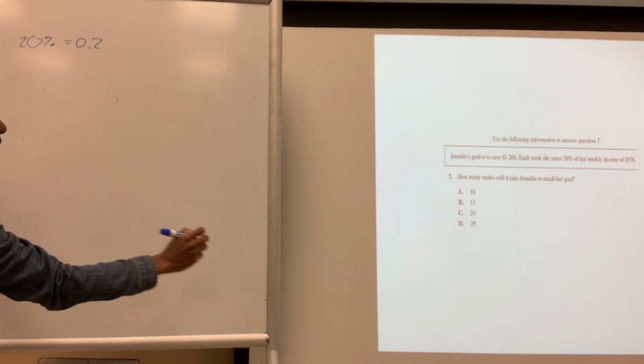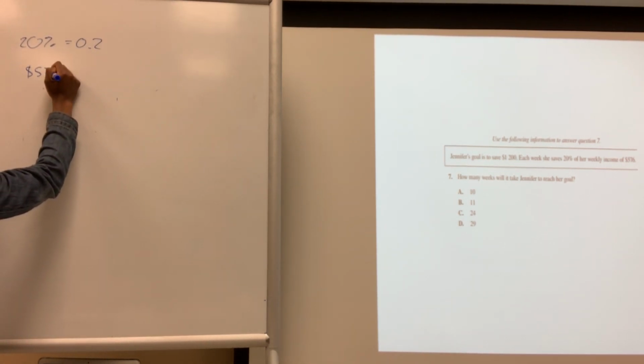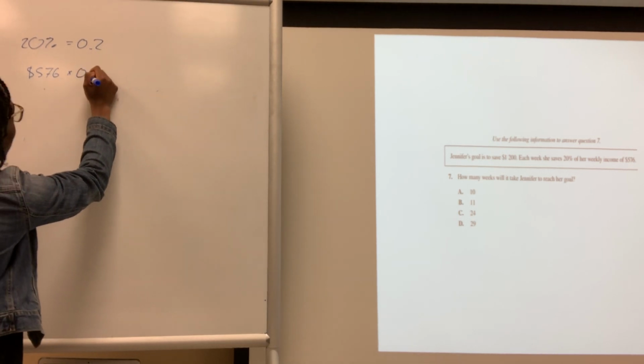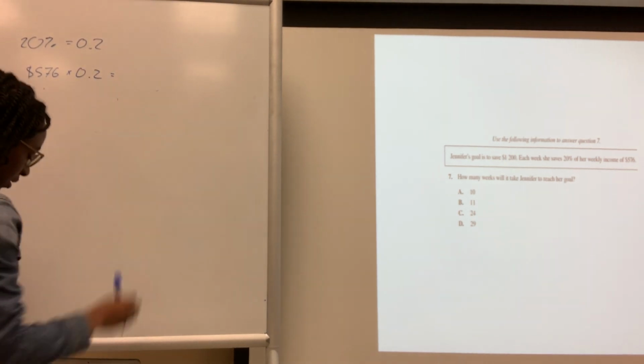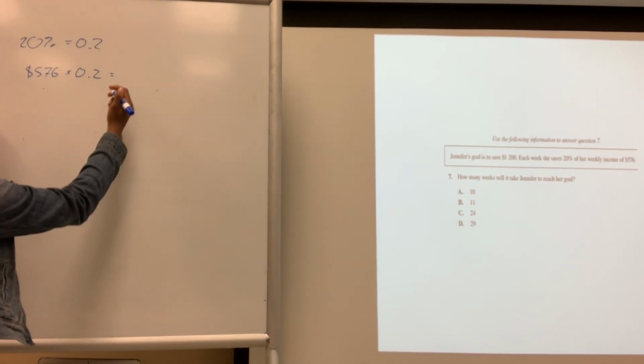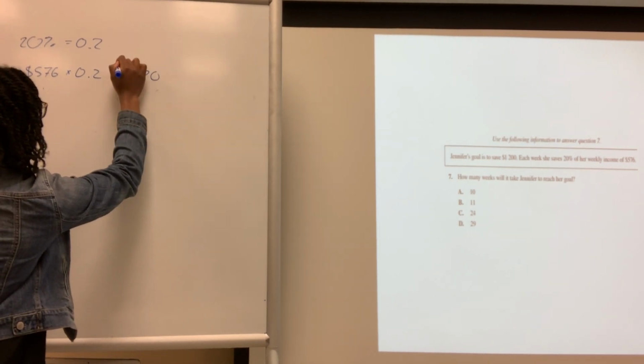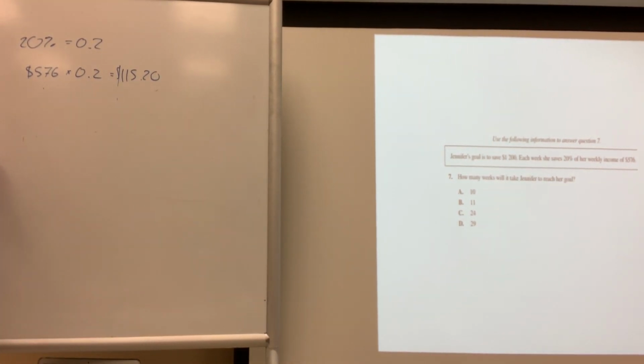So if you multiply $576 by 0.2, we can find out how much money she saves each week. If you solve that, it comes out to $115.20 each week. Because she wants to save $1,200, now you want to find out how many weeks it takes.